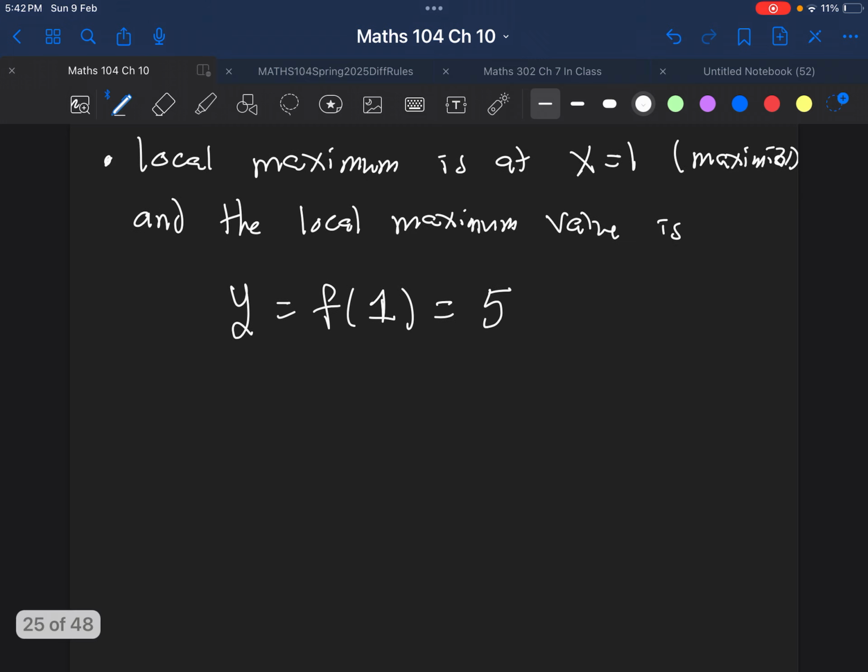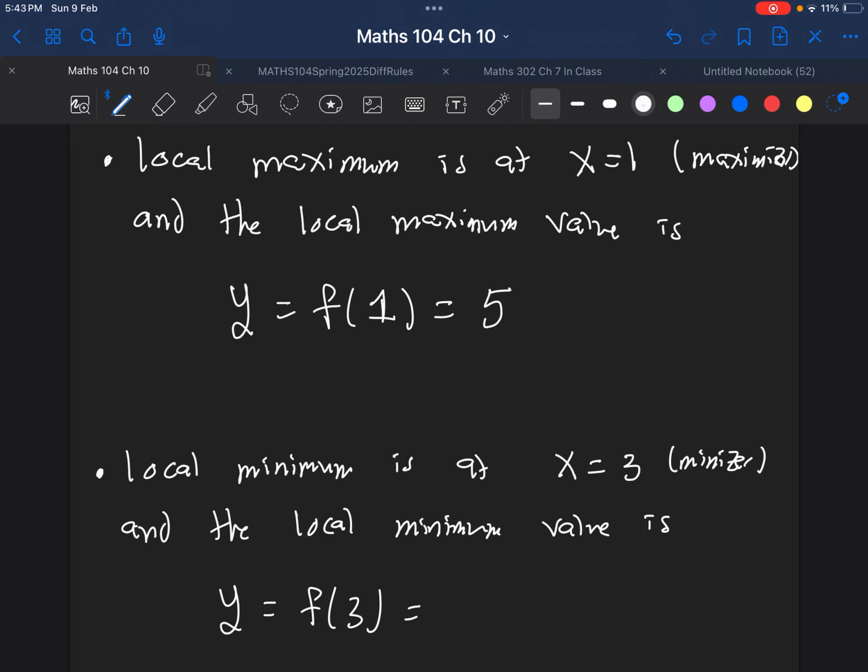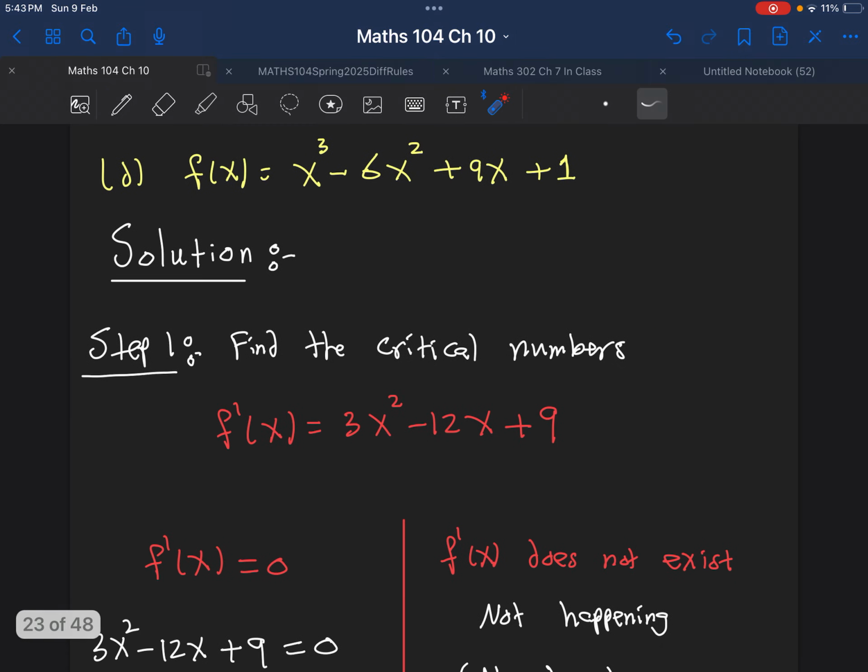So for this function, the maximum locally will go to 5 and then it will go down, and the local minimum is at x equal to 3, and this will be the minimizer. And the local minimum value is y equal f of 3, and we go to the original function and substitute 3.